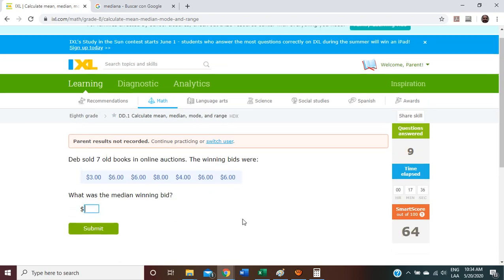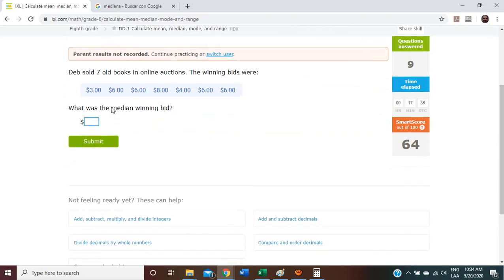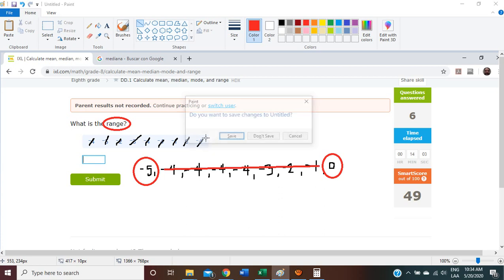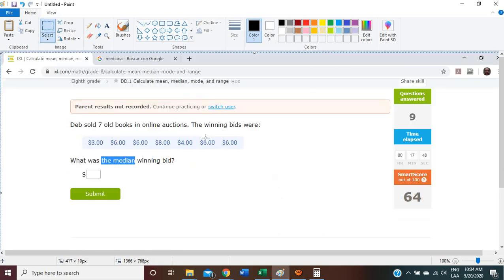Okay, the median, remember what the median is? You need to order them and get the one in the middle. So let's do it really fast.